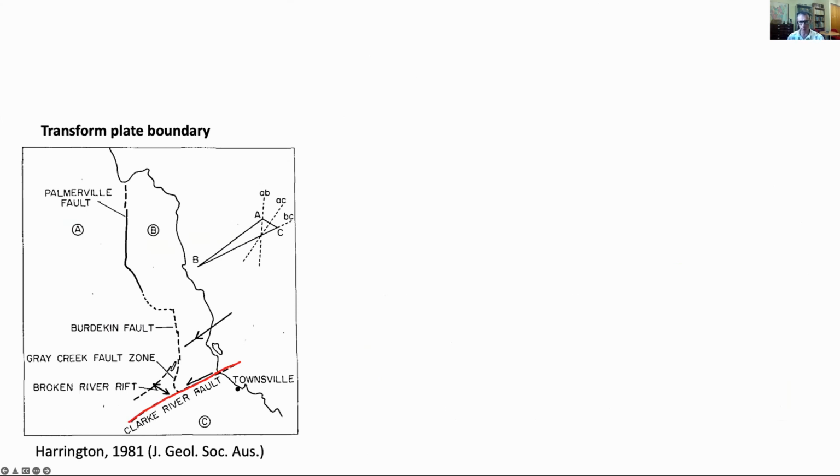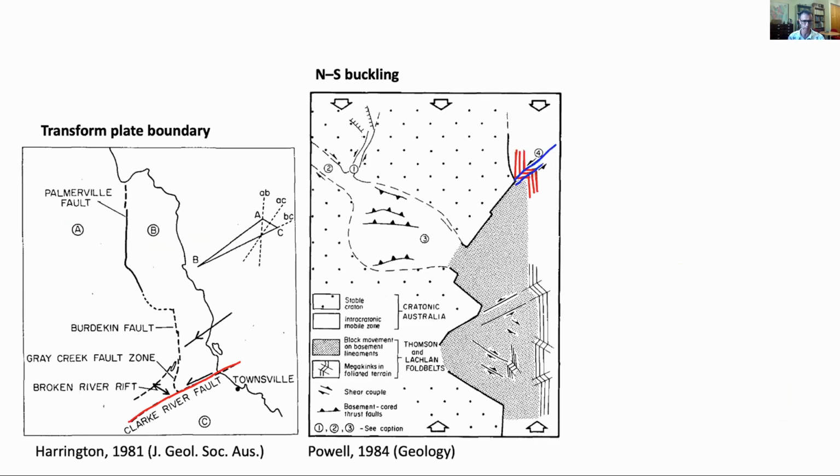According to his model, this structure was active as a plate boundary, as a transform boundary, during the Silurian and early Devonian. Chris Powell suggested that the curvature and strike-slip faulting were both related to north-south buckling of the whole fold-thrust belt, also the Lachlan orogeny during the Alice Springs orogeny.